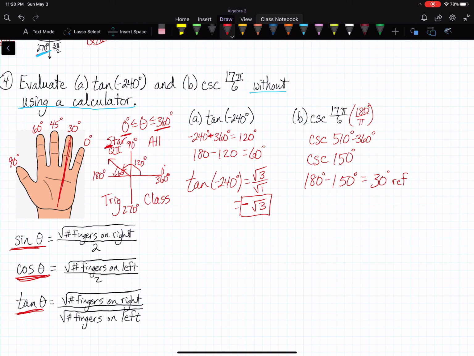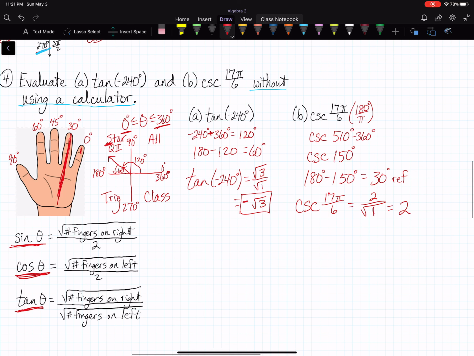And rather than doing the square root of the number of fingers on the right divided by 2, we're going to flip that and do 2 divided by the square root of the number of fingers on the right, which is, there's 1 finger over here on the right, from 30 degrees. So that's just equal to 2.